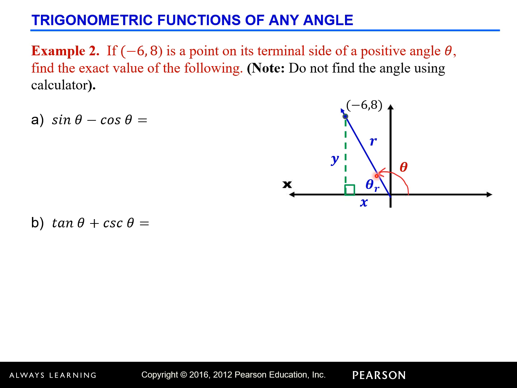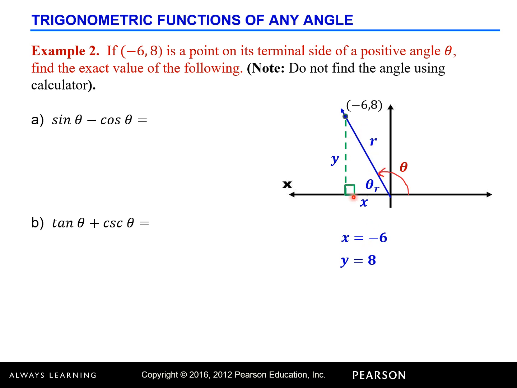Now we need to find the values of x, y, r so we can define these trigonometric expressions. The point (-6, 8) determines x and y: x is -6, y is +8, and the missing value is r.